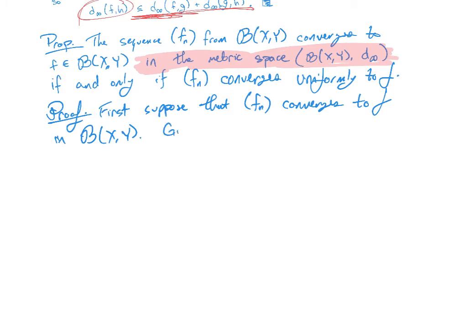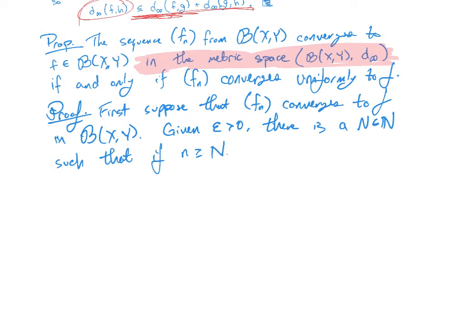So given epsilon, there is a capital N such that if n is at least capital N, then the distance, and now we're measuring distance in the uniform metric, the distance between Fn and f is less than epsilon.